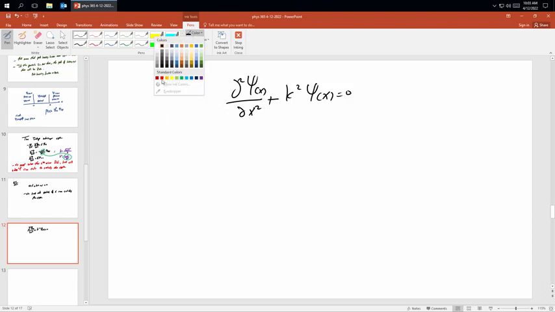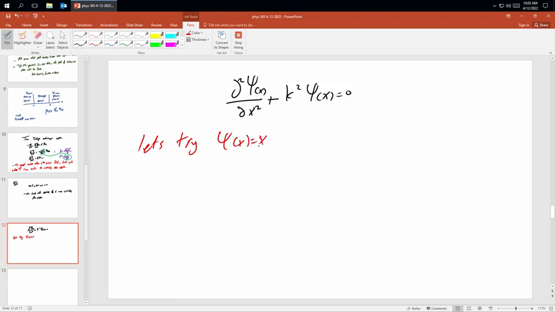So let's go ahead and try a solution of psi of x equals x. Okay, so psi of x equals x, that means d2 psi over dx squared is going to equal what?